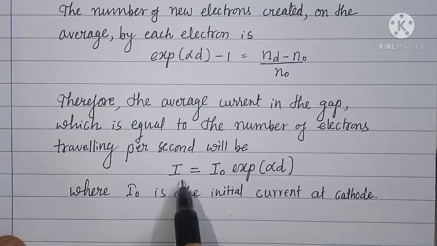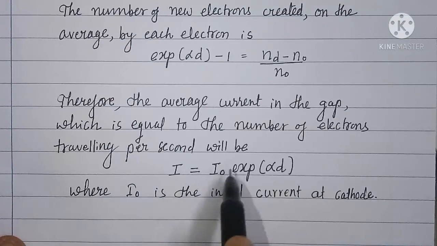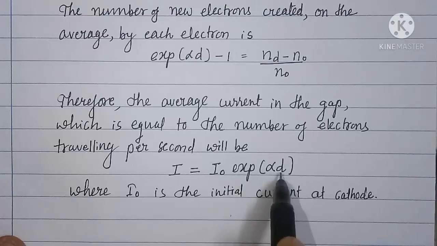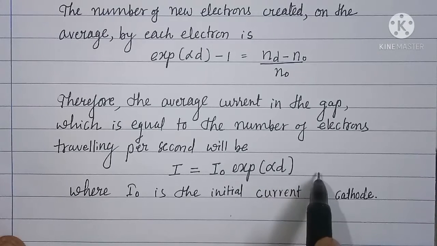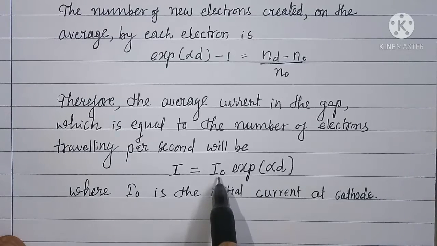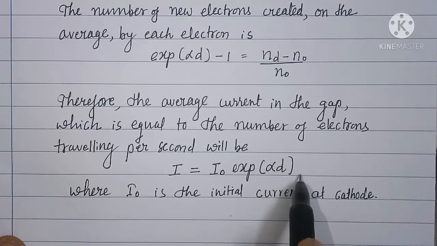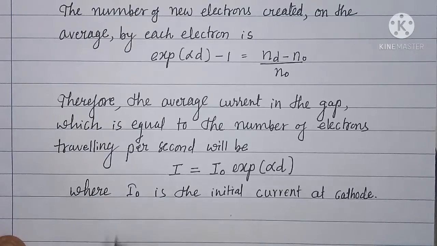Since current at a distance of d from cathode, that is at anode, is exponent of alpha d times the current at cathode, exponent of alpha d is called current amplification factor.